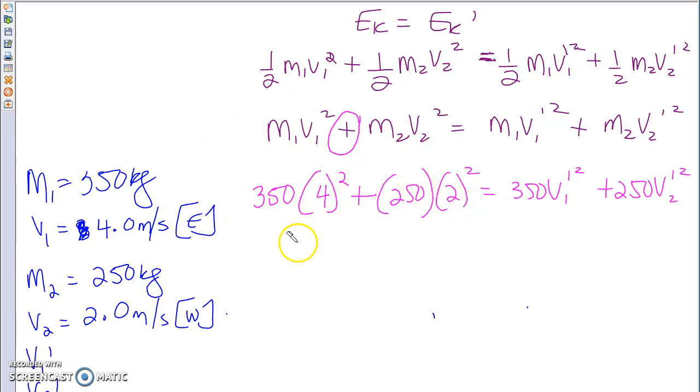The whole total, I think, is supposed to be 6,600. Can you confirm? 6,600, right? So 6,600 equals 350 times V1 prime squared plus 250 V2 prime squared.